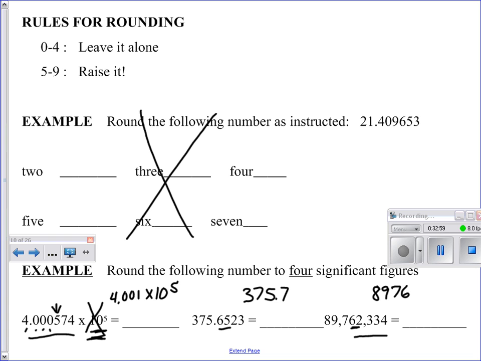If I told you I owe you $89,762 and $334, but I don't have exact change, so let me just round it, how about if I give you $8,976? No one would be pleased with that, right? So you need to make sure that you add in your insignificant zeros as well. Yeah, there we go. So that would be our 4 significant figures in that case.